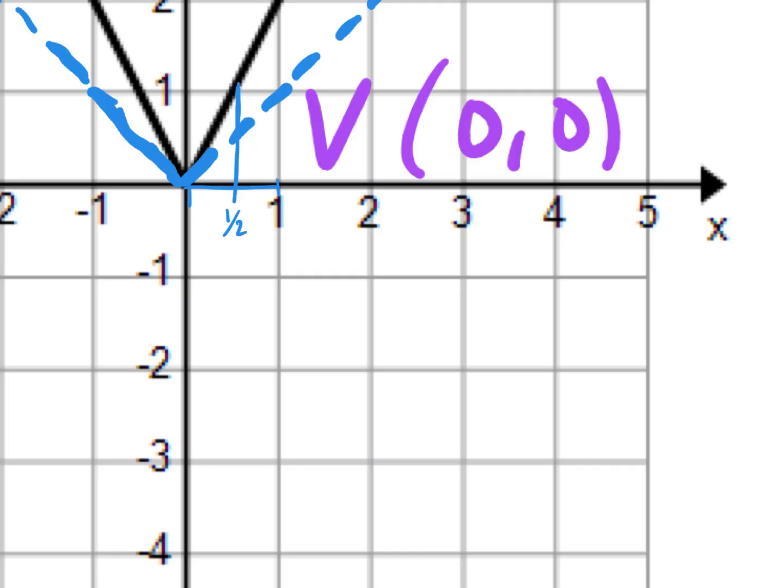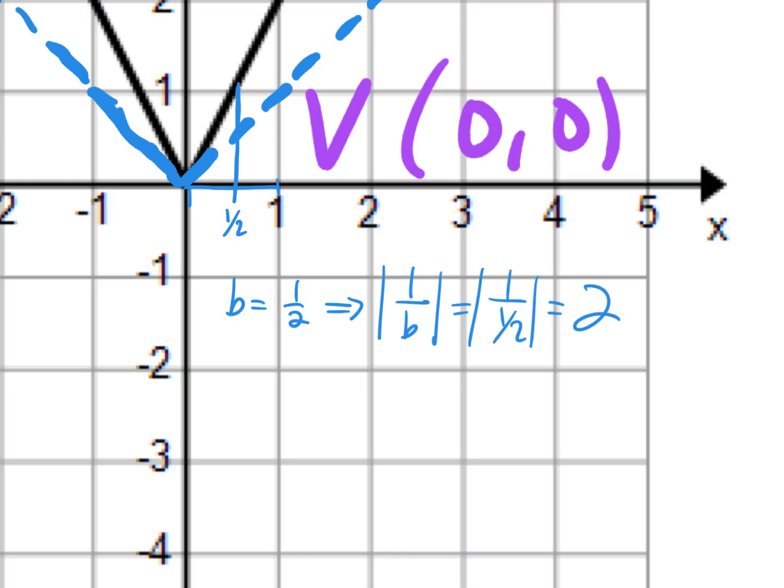Now, why factor of 2? Because remember, our b here is equal to 1/2. If we're going to put that in our shrink factor or stretch factor of 1 over b, 1 over 1/2 is going to give you 2. Therefore, it's going to give you a stretch by 2.